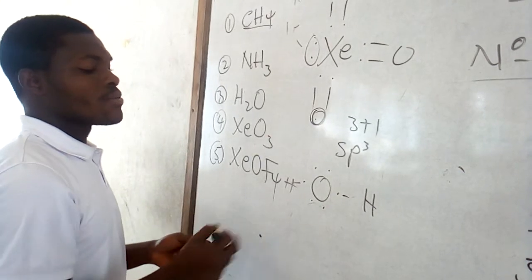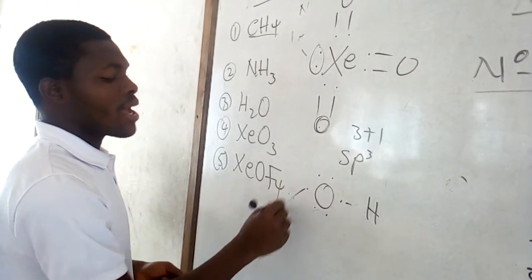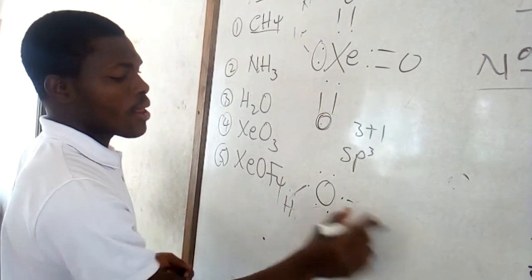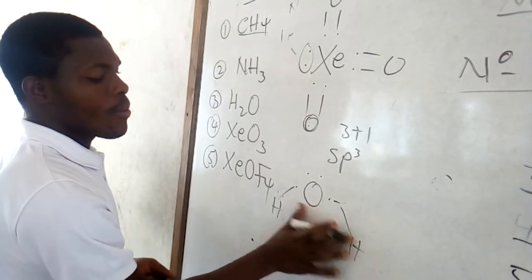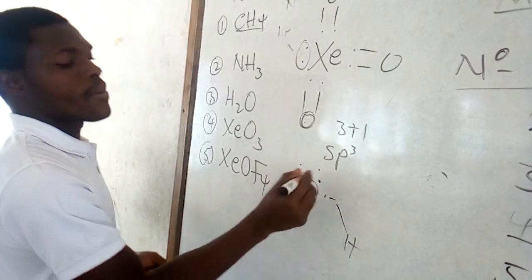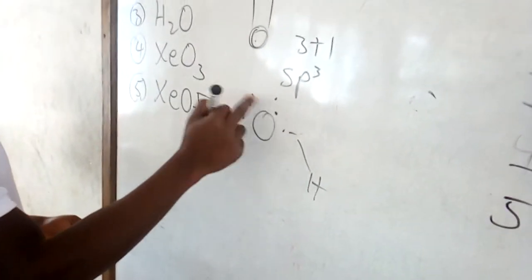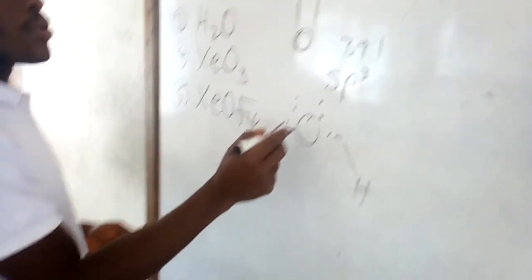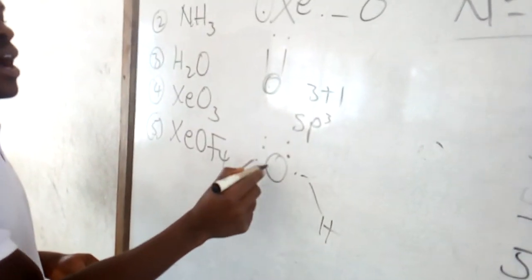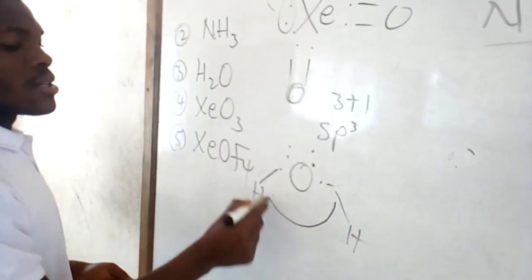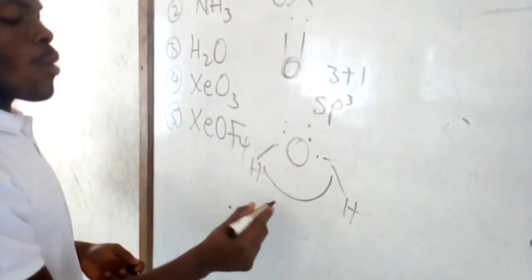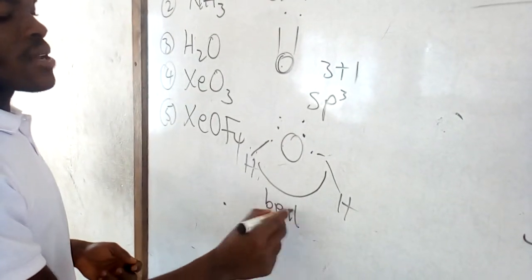But at normal circumstances, it must appear like this, so that these 2 lone pairs will repel the bonds between the oxygen and the hydrogen for it to undergo a bent shape.